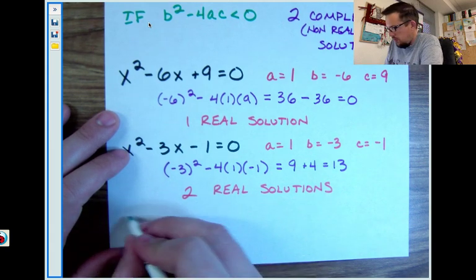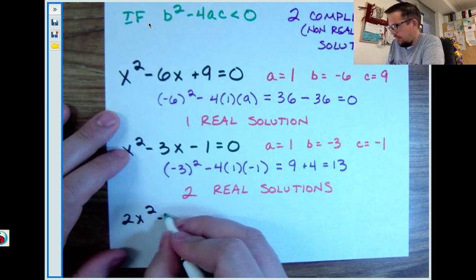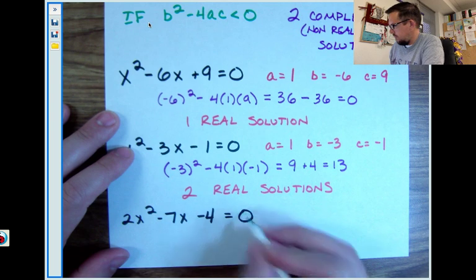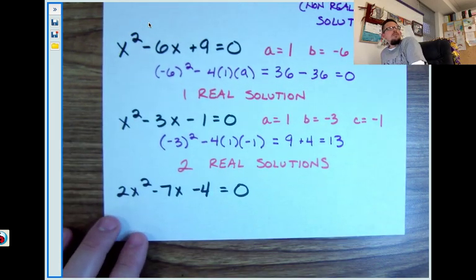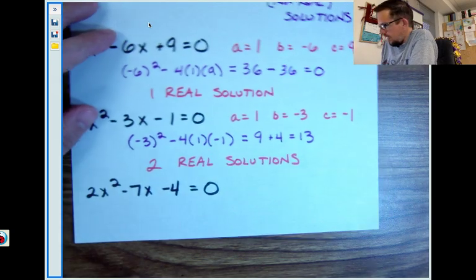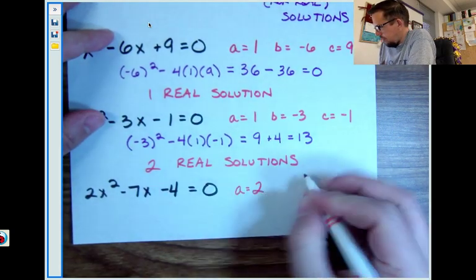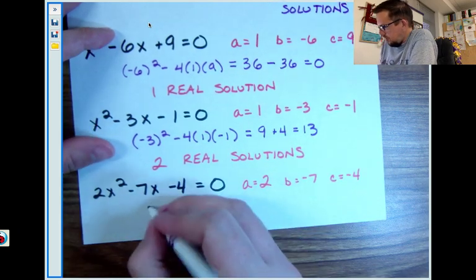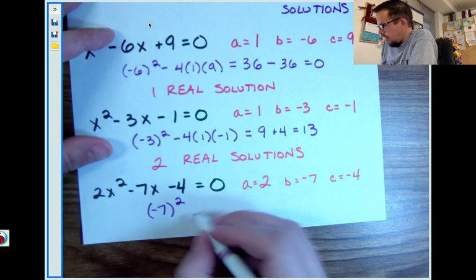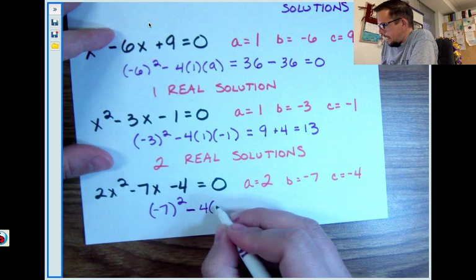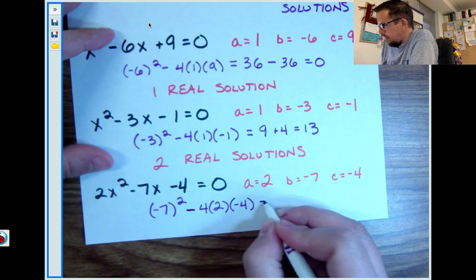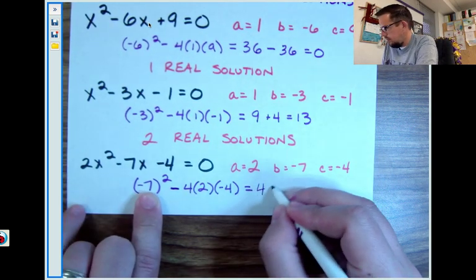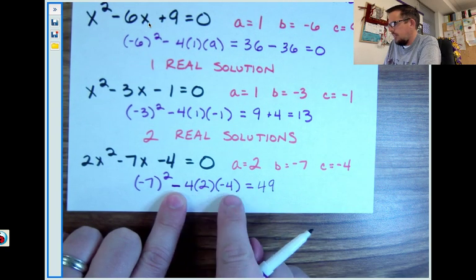Okay. What about this one? a is 2, b is negative 7, c is negative 4. So b squared minus 4ac, so 49 minus 4 times 2 times negative 4.